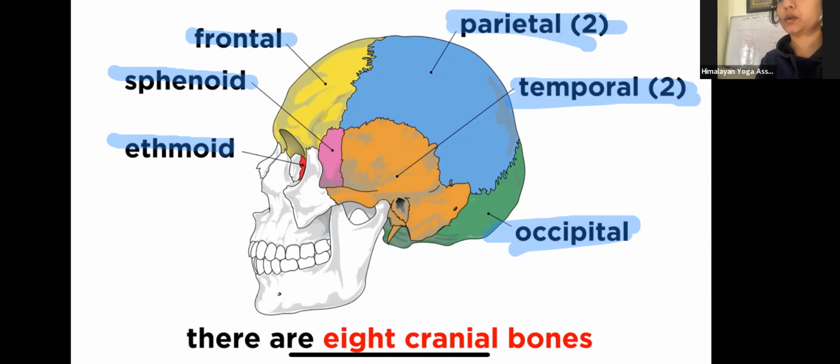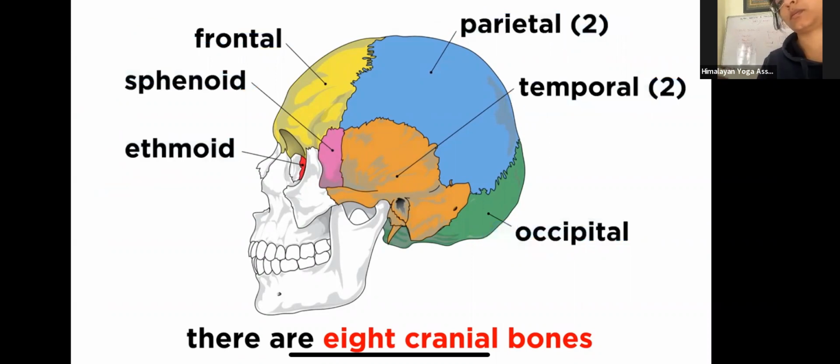So there are 8 cranial bones: sphenoid, ethmoid, occipital, temporal, parietal, and frontal. You can take a screenshot of this. Okay, please take a screenshot.